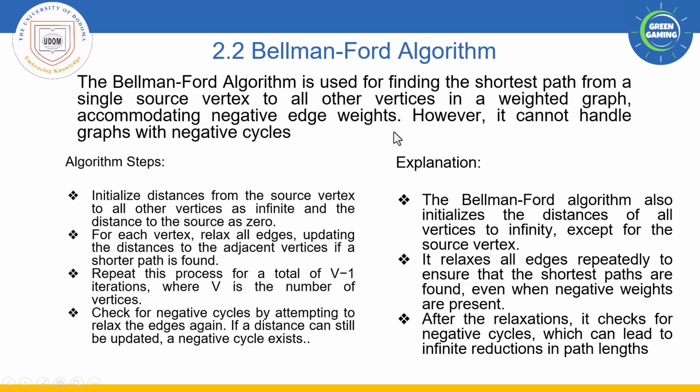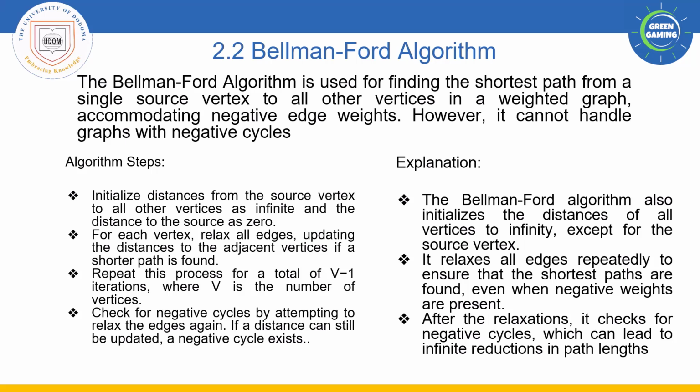While the Dijkstra algorithm can't accommodate negative edge weights, the Bellman-Ford algorithm can. However, it can't handle a graph with a negative cycle. So Bellman-Ford is another method for finding the shortest path from a single source vertex to all other vertices in a weighted graph, but unlike Dijkstra, it can handle negative edge weights, right?